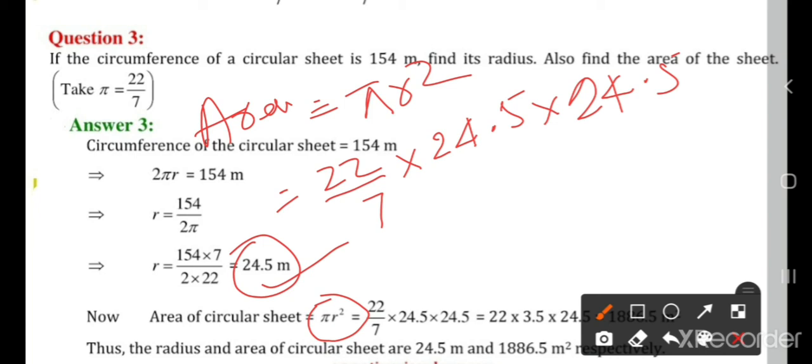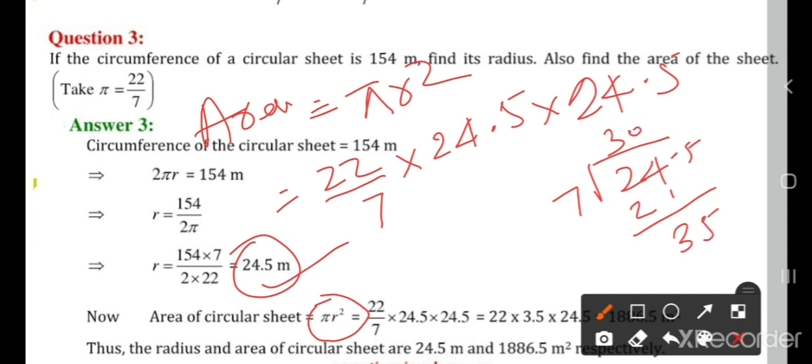24.5 you can divide by 7. 7 threes are 21, 3 balance. Decimal point is there, so you put a point. 5 comes down, 7 fives are 35.